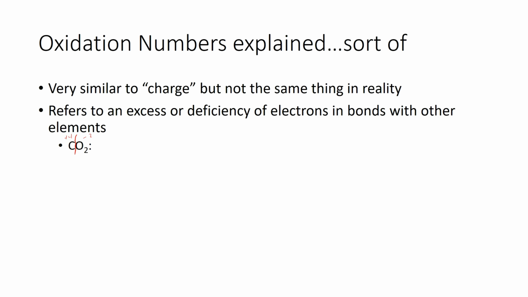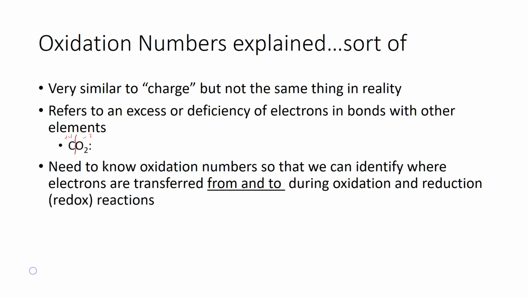We'll talk about that little process in more detail in just a minute. I'm just trying to put this in context. So that -2 and the +4, those are the oxidation numbers for oxygen and carbon in that scenario. We will get to how I came up with those numbers shortly.